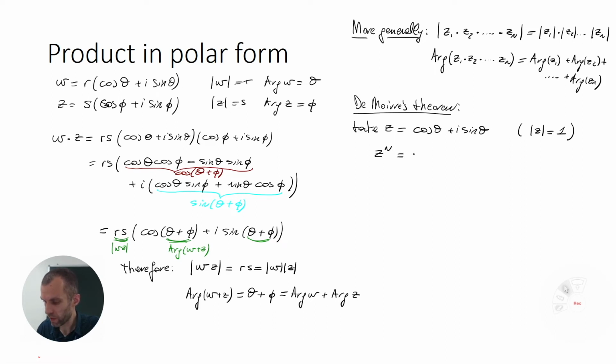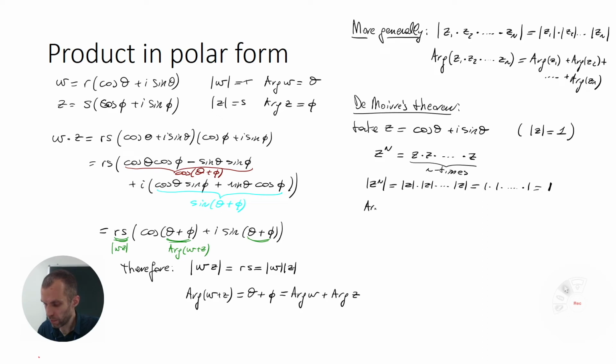So that's Z times Z times ... Z, n times. And the first rule gives us that the modulus of Z to the power n is the modulus of Z times the modulus of Z times the modulus of Z. So that's 1 times all ones. And that gives us 1 for the modulus.